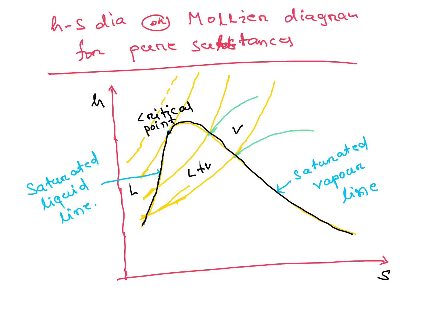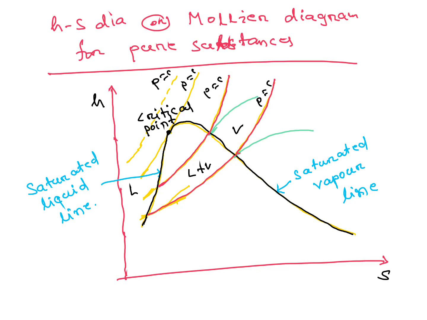Here are constant pressure lines. In the liquid and vapor region, pressure and temperature lines are both identical. In the vapor region, after crossing the saturated vapor line, this is the constant pressure line with positive slope, and this is the constant temperature line, green color.